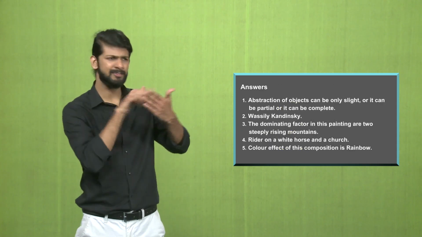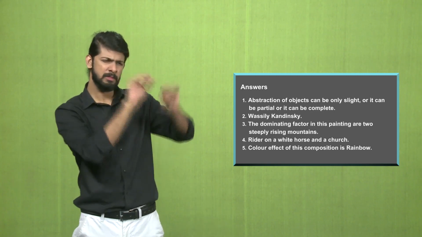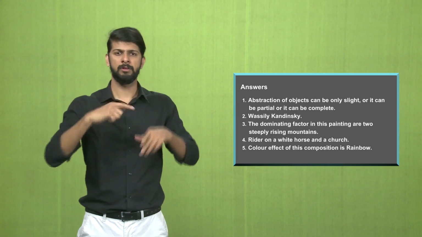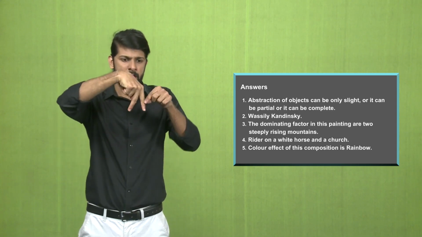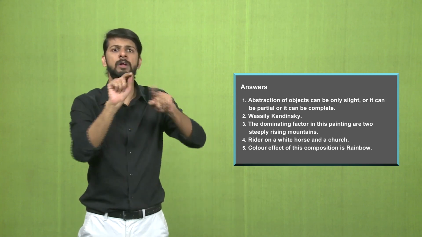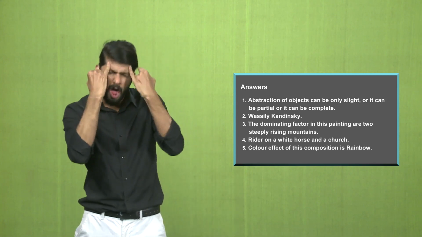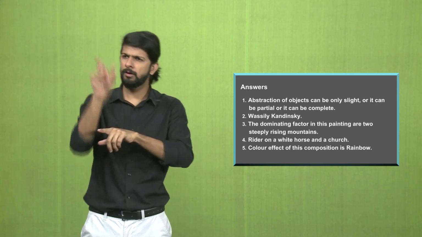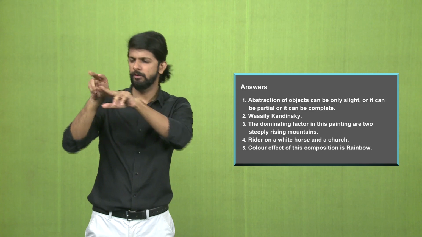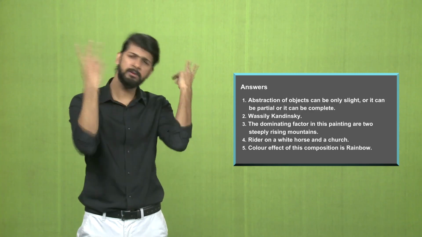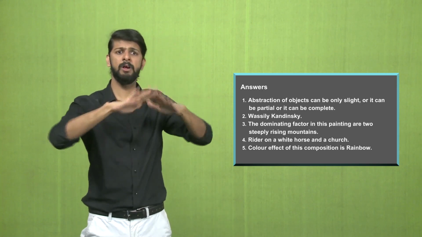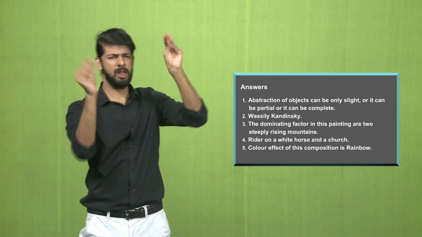Answers. Answer number 1. Abstraction of objects can be slight, partial or complete. For example, if we take any kind of object, the artist has the liberty to play with the shape or form.